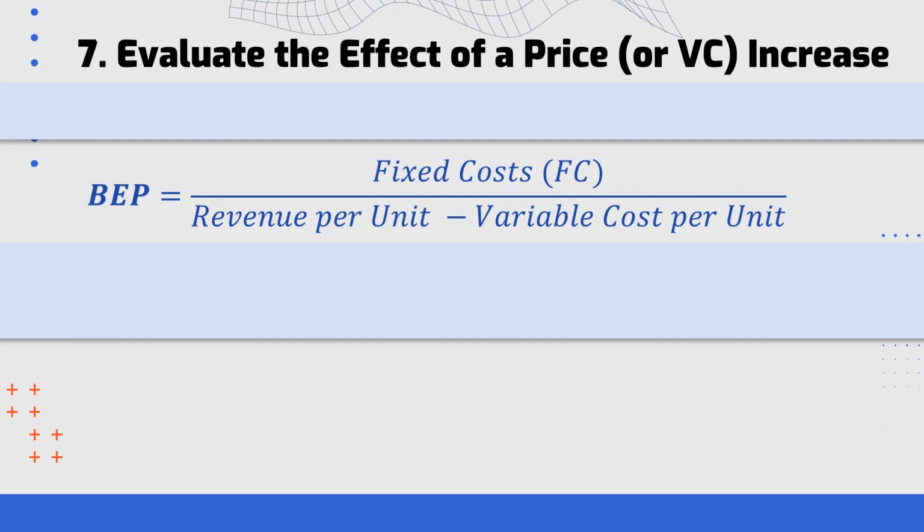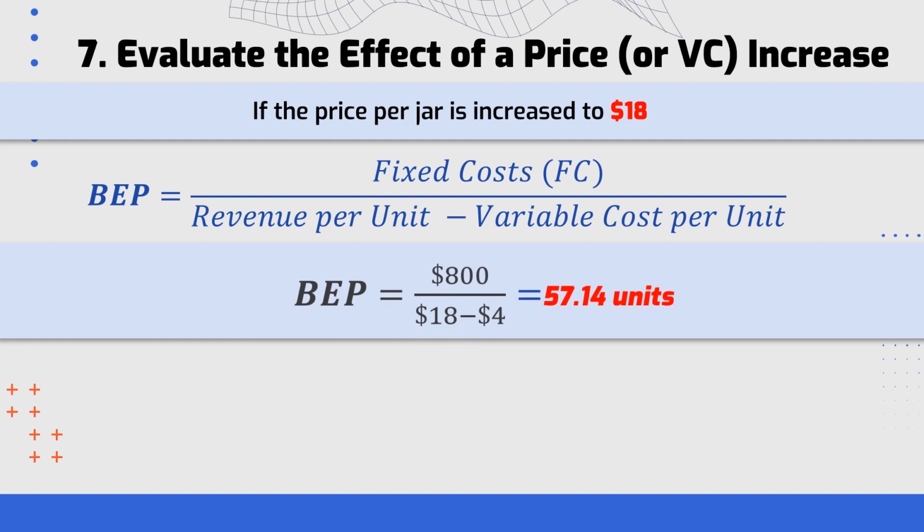Scenario number 3. Suppose the price per jar increases to $18. In this case, we need to calculate the new break-even point using the original formula: fixed cost divided by revenue per unit minus variable cost per unit. Absolutely the same numbers, only one change in the revenue per unit.